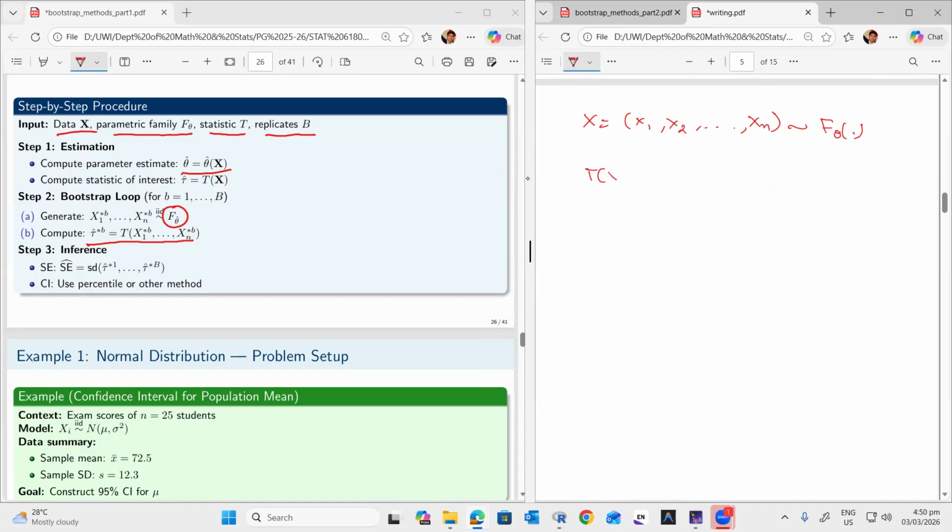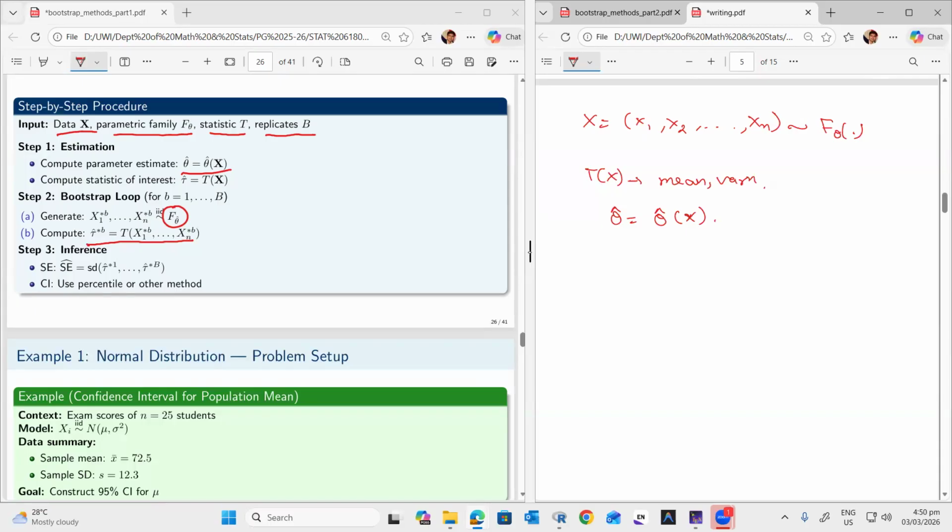T(x) is our statistic of interest that can be either mean, variance, or anything. And let theta cap, the estimate of my parameter theta, that is theta cap of x, because the statistic will involve x, be an estimator of theta such as the maximum likelihood estimate or method of moments estimator.